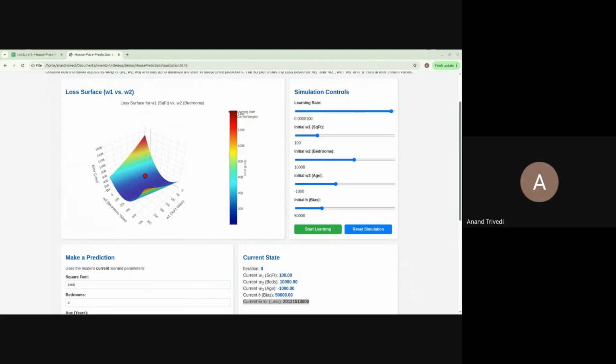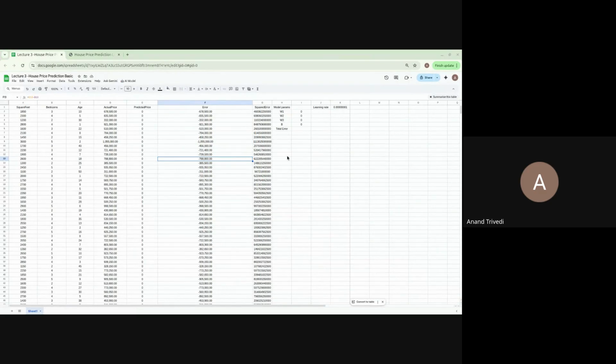Now, okay, just give me a second. Let me run this thing only. Let me fix this thing so that at least we can have a look at what is going on. I'll just reshare.